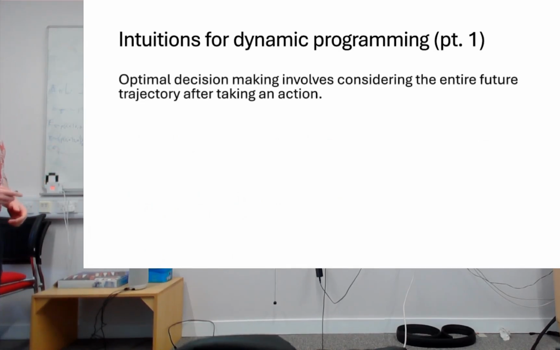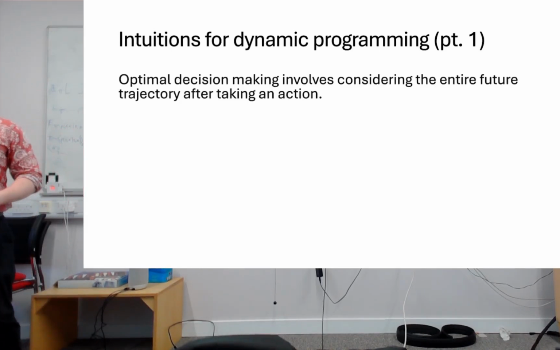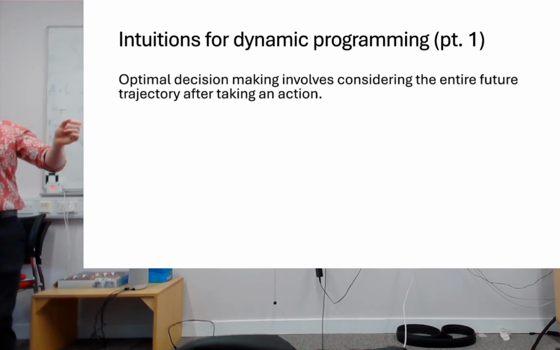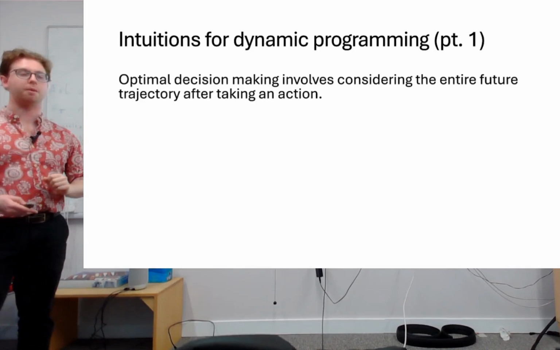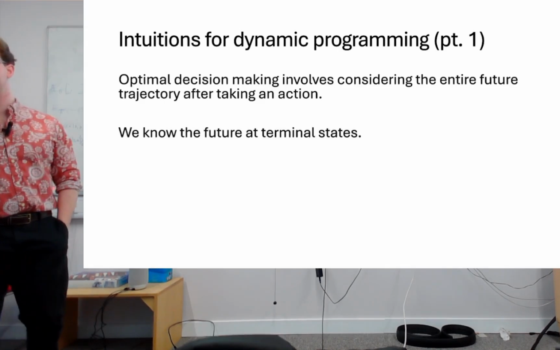So how are we going to do this? Optimal decision making involves considering the entire future trajectory after taking an action, right? I need to not just choose actions that lead to high reward immediately, but actions that are going to generate a good trajectory in the long term. So we know the future at terminal states.